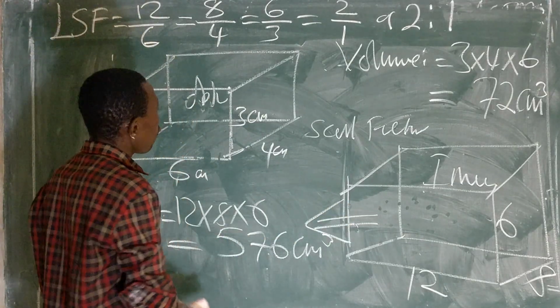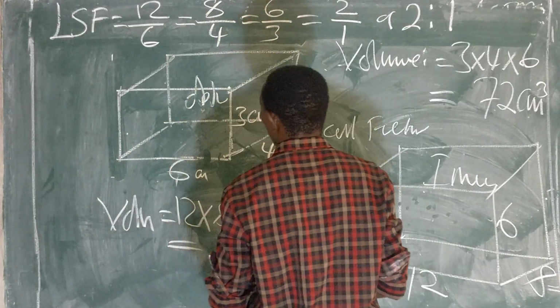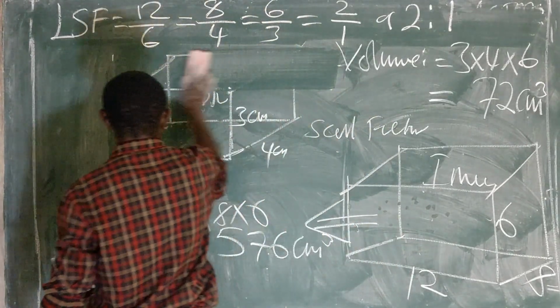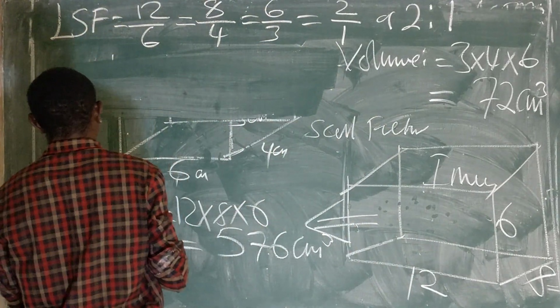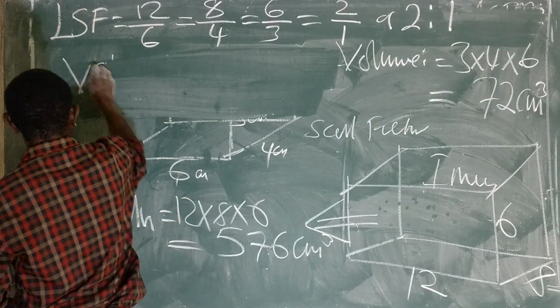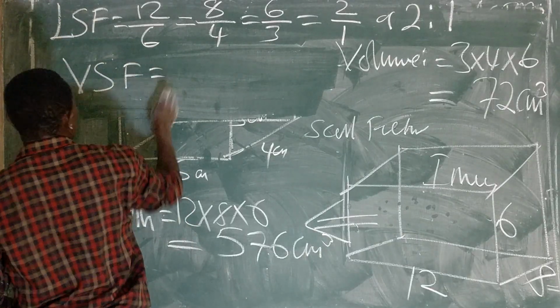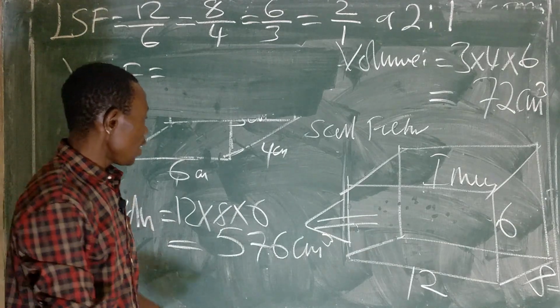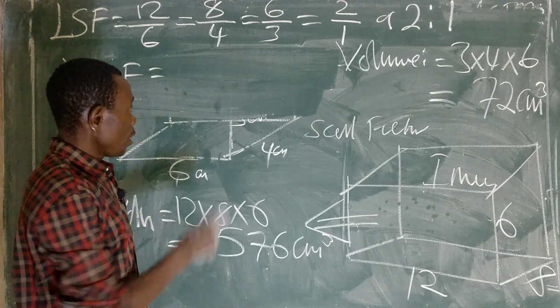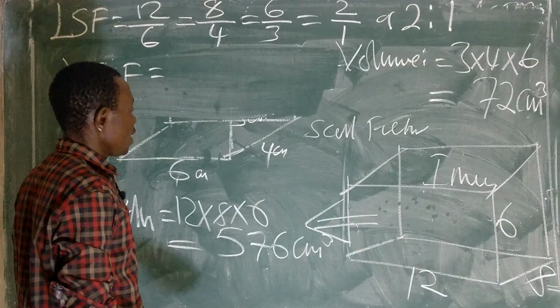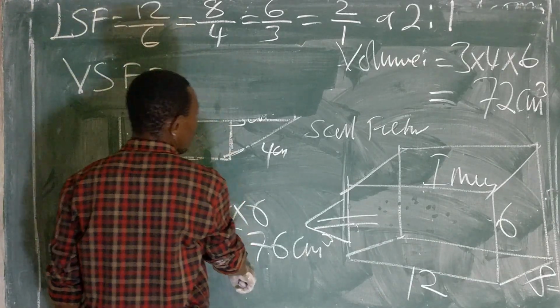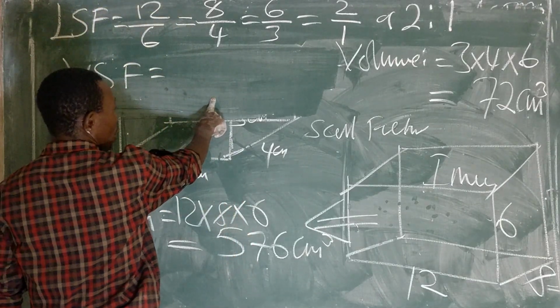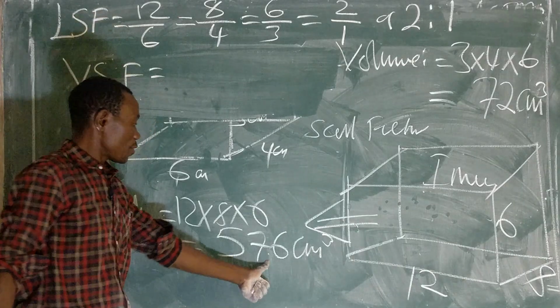Secondly, let us now work out the ratios of the volumes. That is, we talk of the volume scale factor. What is it? I've got only two volumes here. Image to object. You'll be able to see what we get here. It's like we have got 72 versus 576.